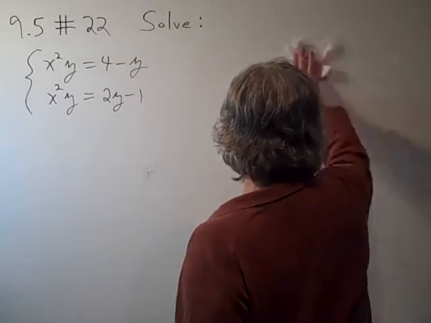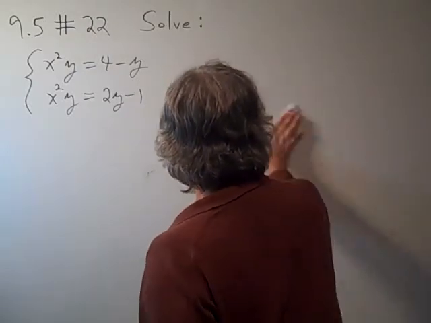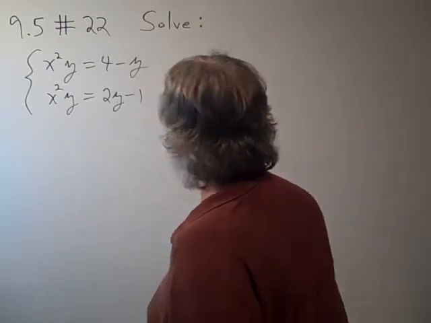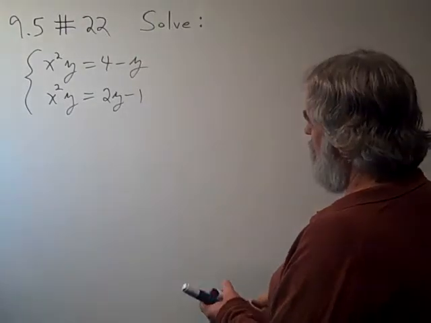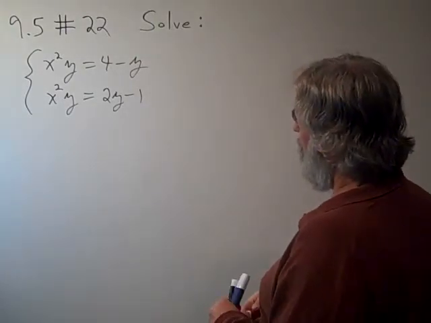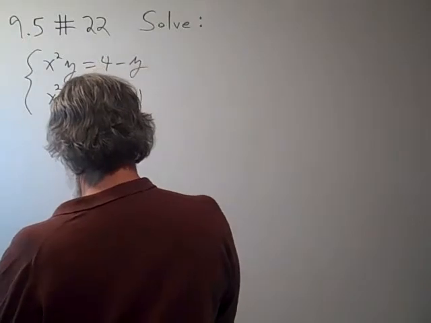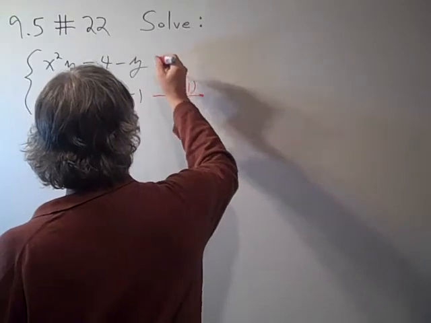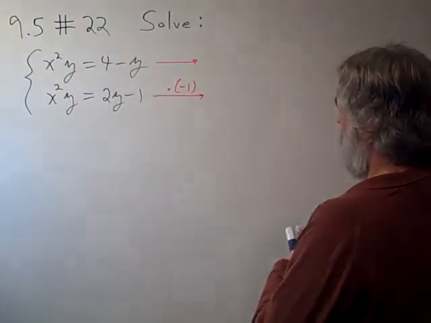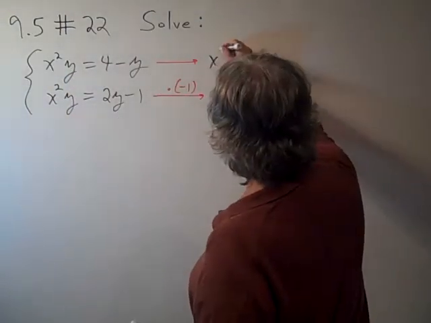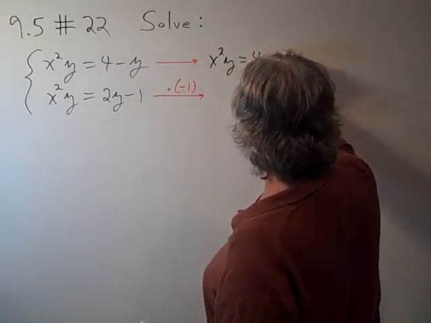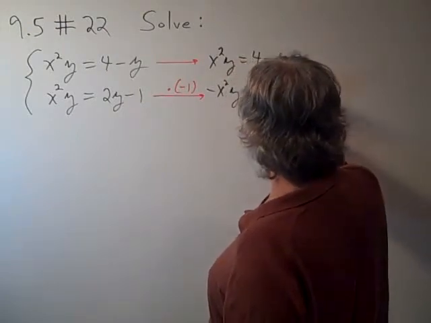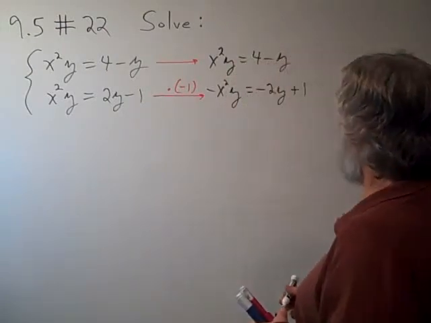To solve these equations, the elimination method actually seems to work. If you multiply the second equation times -1 and leave the top one just as it is, we get x squared y equals 4 minus y, and this one becomes negative x squared y equals negative 2y plus 1.